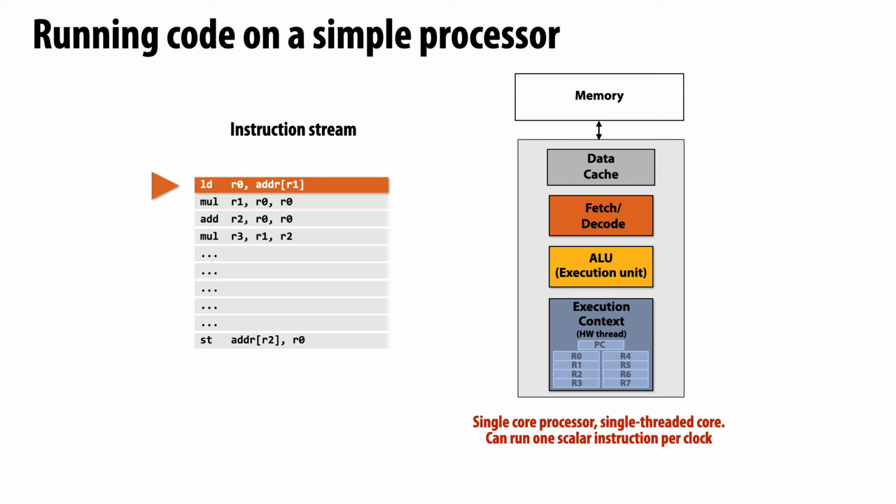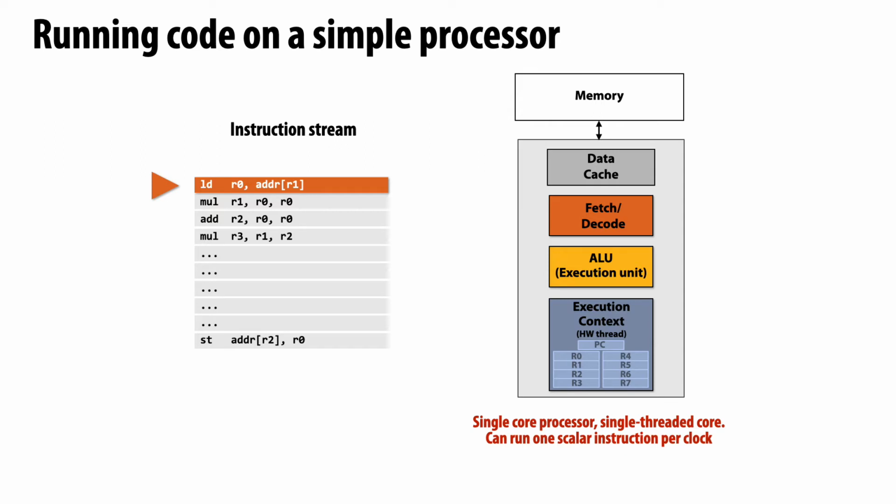And what this core did is every single clock, it would run the next instruction in the instruction stream. So I'm highlighting the instruction in red. We'd perform the instruction, and then the core would continue on doing the next instruction in the stream. So this is a single core processor. It's a single threaded core, and it can run one scalar instruction per clock because it only has one execution unit. There's only one yellow box.